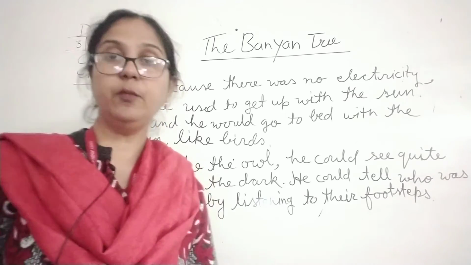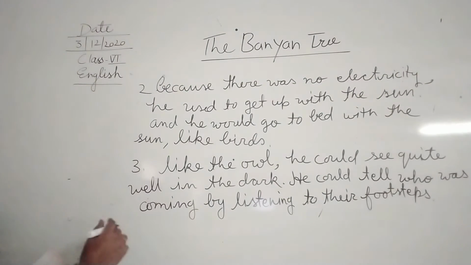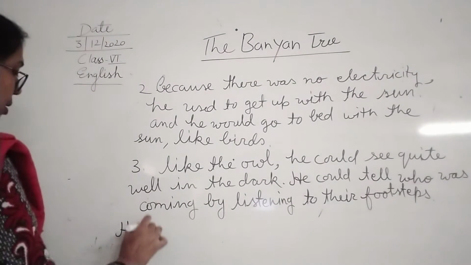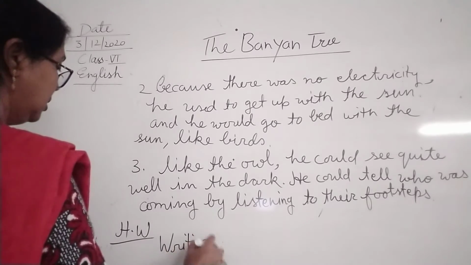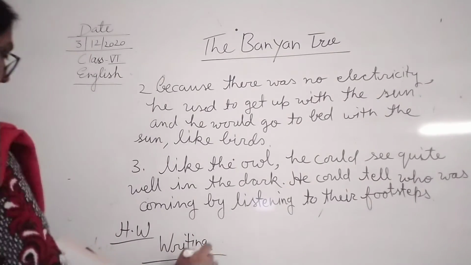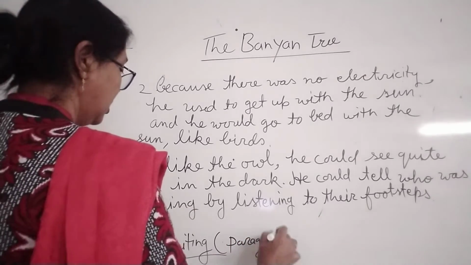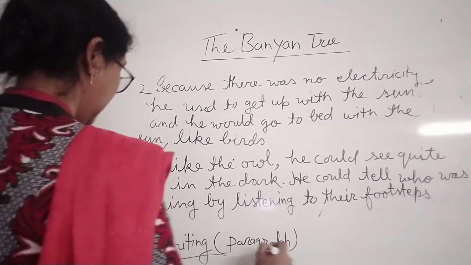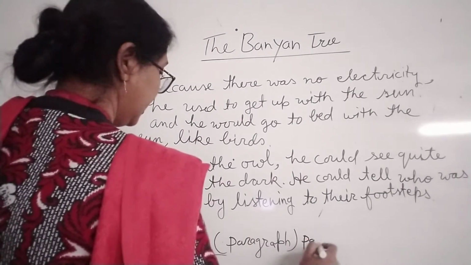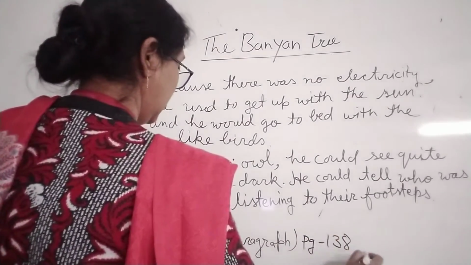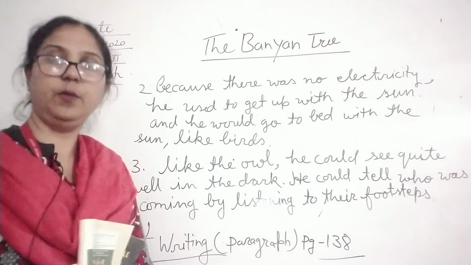So this is your homework that you have to do in the writing. Homework is writing. It's a paragraph actually. Paragraph writing, and this you can find on page number 138. So children, completed. This is your homework.